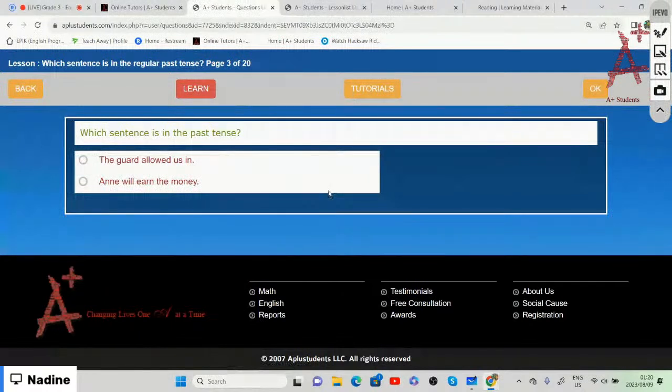The dog allowed us in, and Anne will earn the money. So if we select the correct one, we will say the dog allowed us in, because there we even have the word allowed ending in ed.